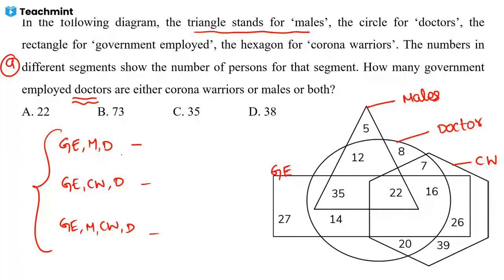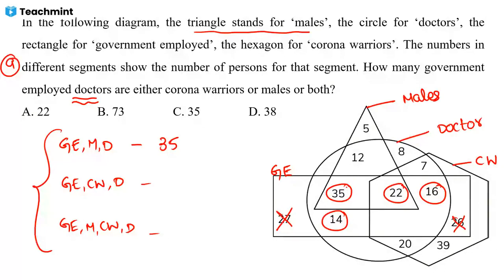So this 27 is only government employed, not doctor, nothing. But this 26 is government employed and corona warriors, but not doctor. We want doctor also. Government employed and doctor means the values inside the circle and rectangle. Inside the circle and rectangle are these people. Now among these, 35 is government employed, male doctor. Government employed, male doctor, 35.